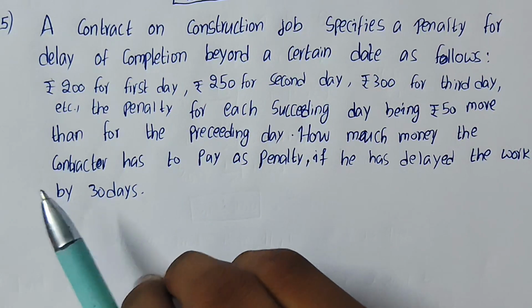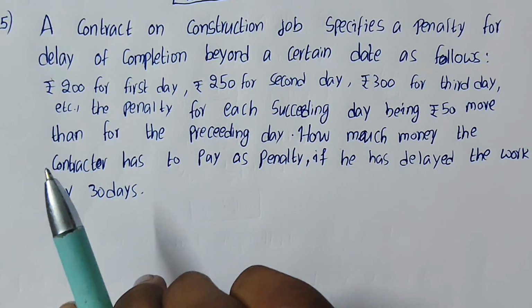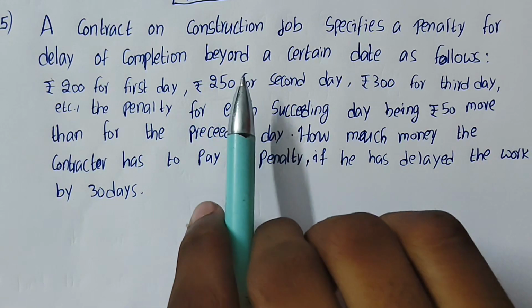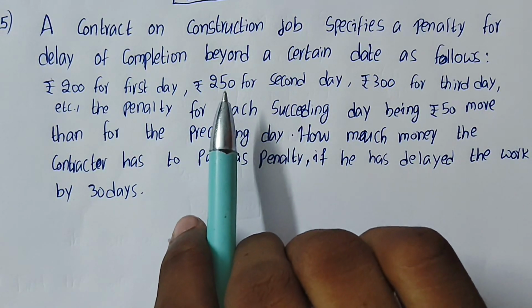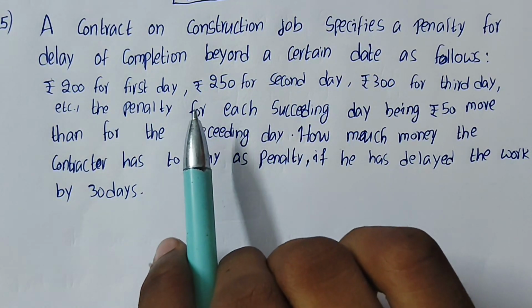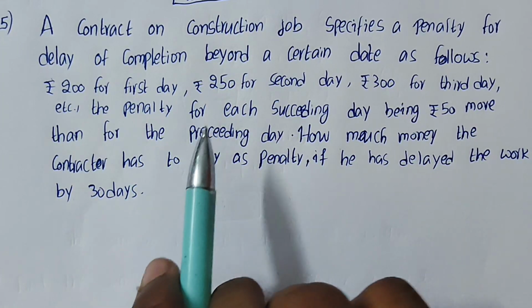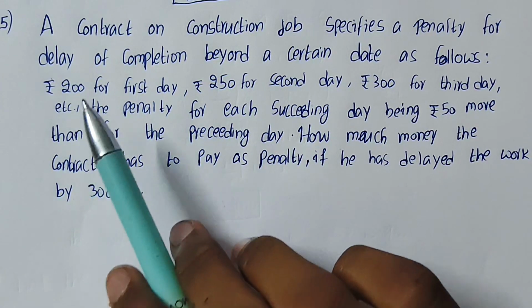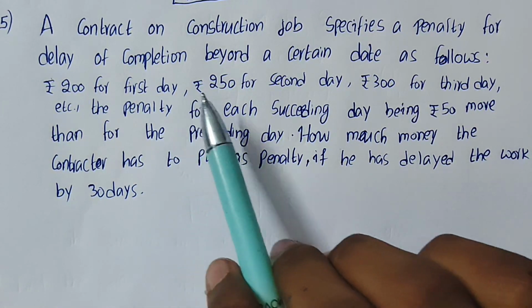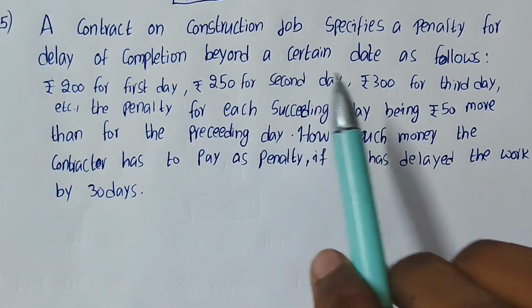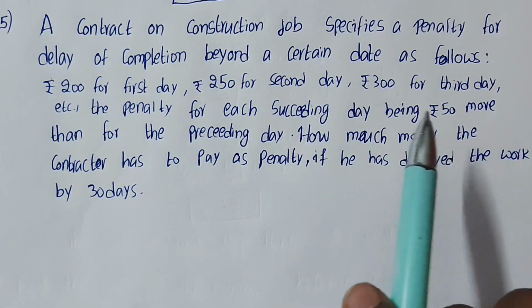So there is a contract on a construction job. They are giving the money for the certain date: 200 rupees for the first day, 250 for the second day, and 300 rupees for the third day, and so on.